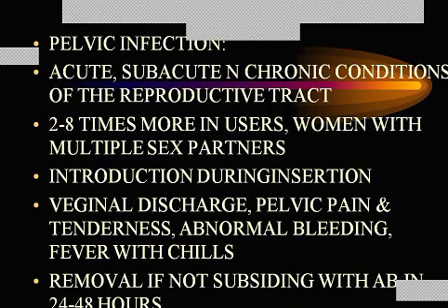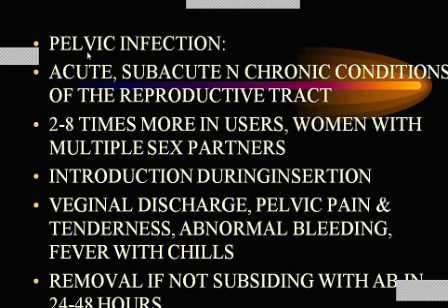The next side effect is pelvic infection. It can occur in acute, subacute, and chronic conditions of the reproductive tract. It is 2 to 8 times more common in users, particularly women with multiple sex partners.